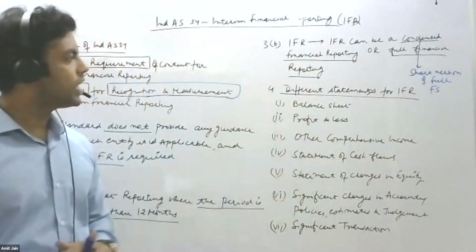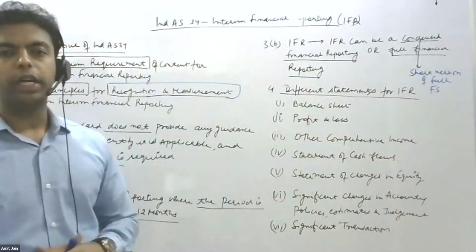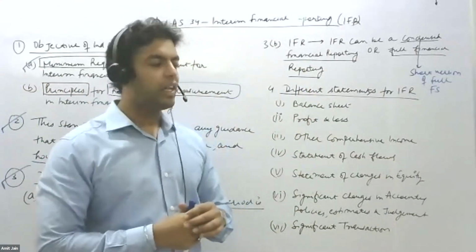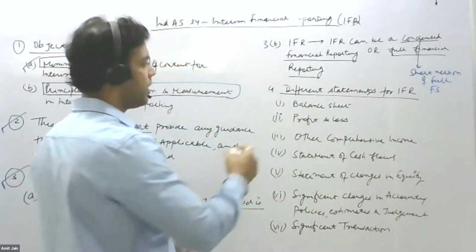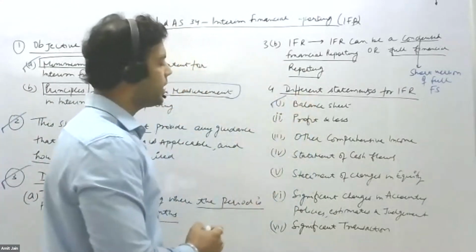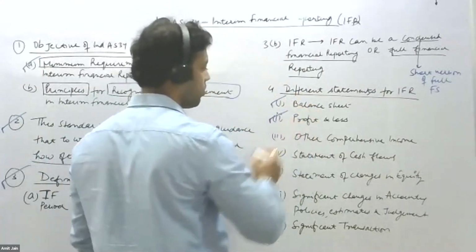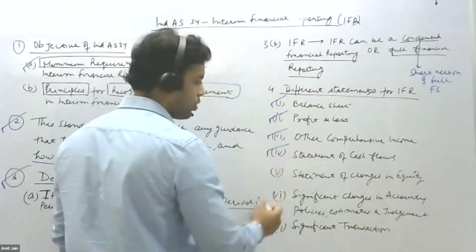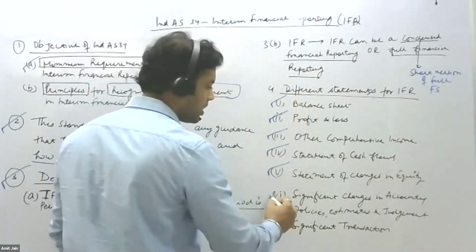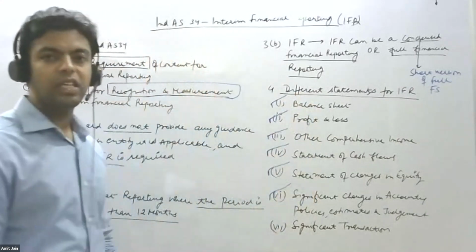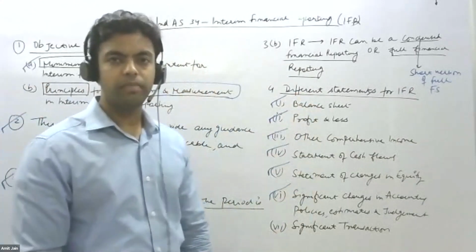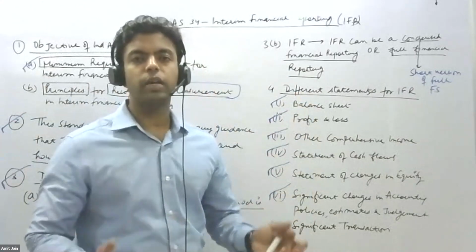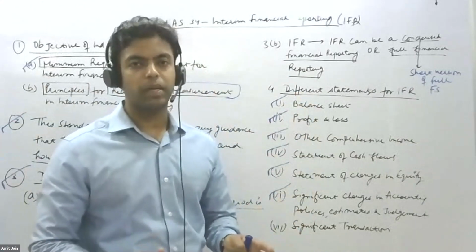What are the different statements which need to be presented when the company is preparing interim financial reporting? First is balance sheet, right? Second one is the profit and loss account. Third one is other comprehensive income, statement of cash flows, statement of changes in equity, significant changes in the accounting estimates, accounting policies, and judgment. The company is not supposed to give the detailed accounting policies in the condensed financial statement, right?